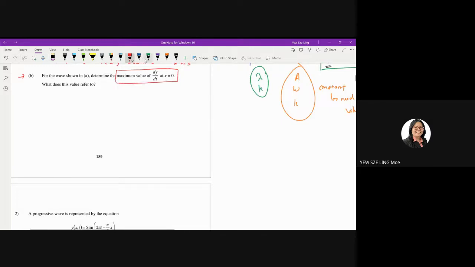First, you need to find out the value of dy over dt at x equals 0. So that would be our step 1. And then we want to find out the maximum value after you manage to determine the value of dy over dt at x equals 0. So this is our step number 2.